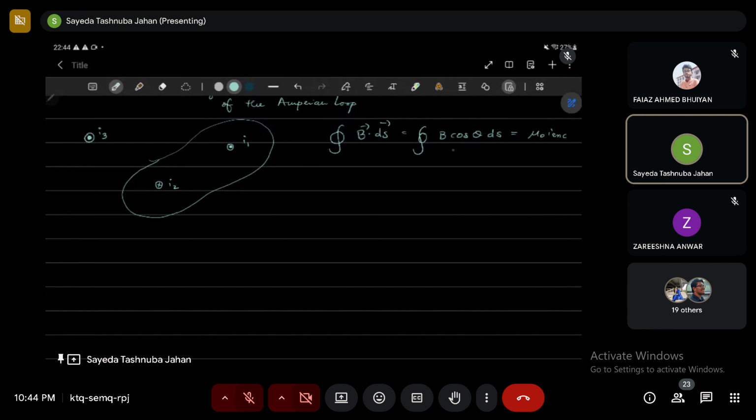So left hand side যদি first define করি, সেক্ষেত্রে because B cos theta ds মানে হচ্ছে I have to know the direction of B and ds to know what angle exists between B and ds, right?